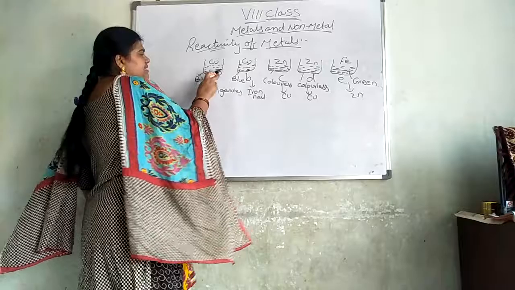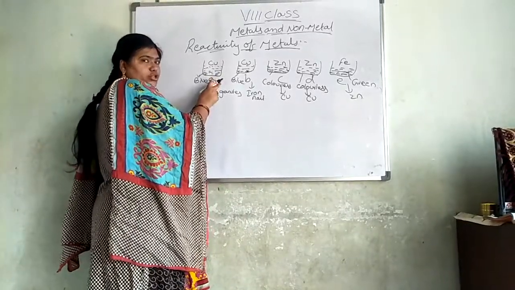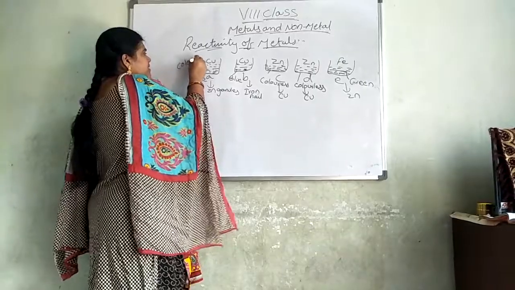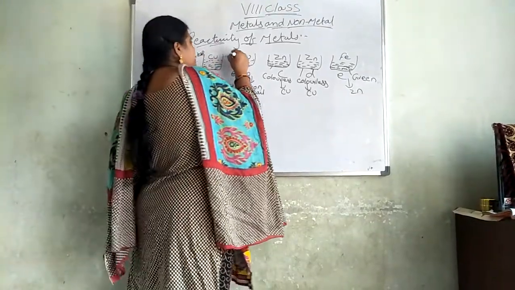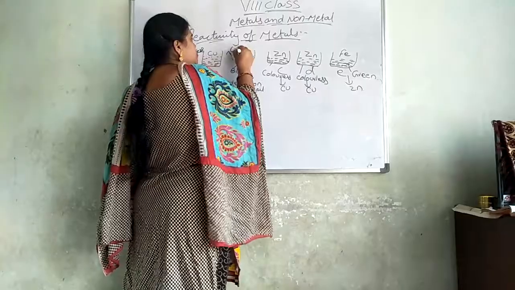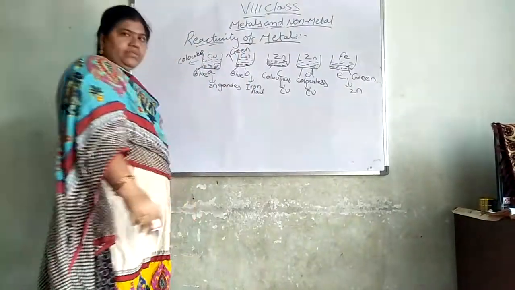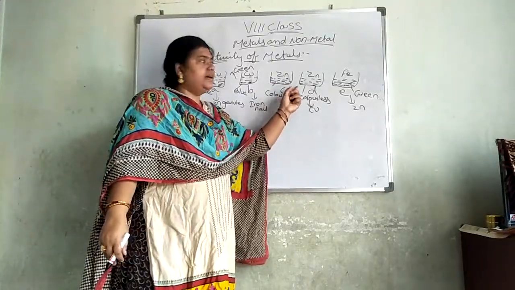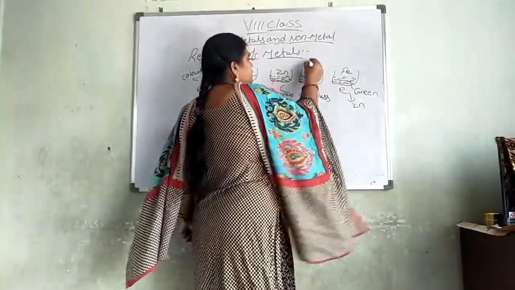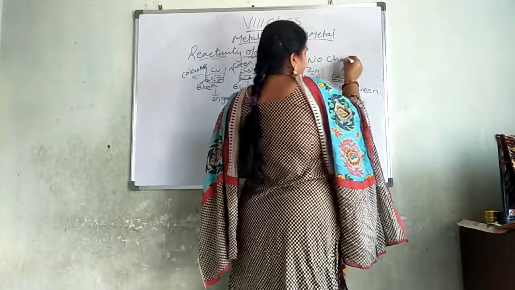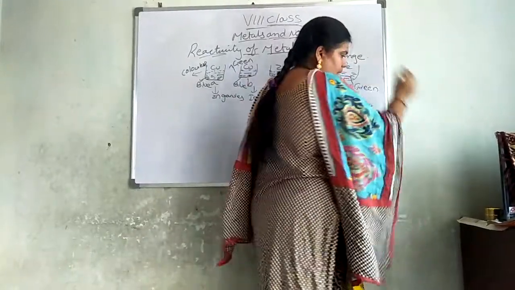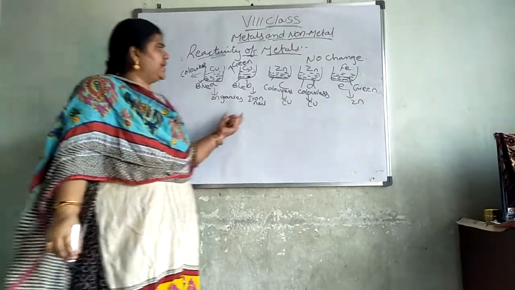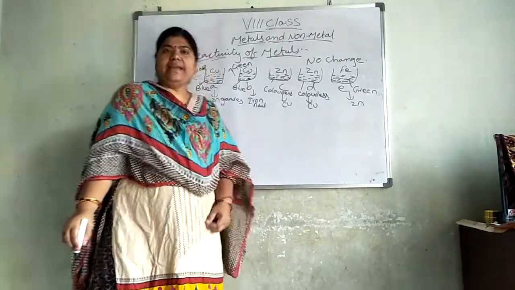In the first case you will find a colorless solution; the blue color changes to colorless. In the second case the blue color solution changes to green in color. In the third, fourth and fifth cases, you cannot find any change.